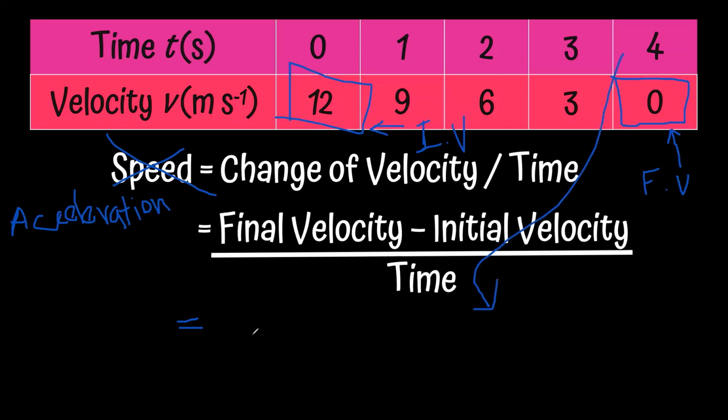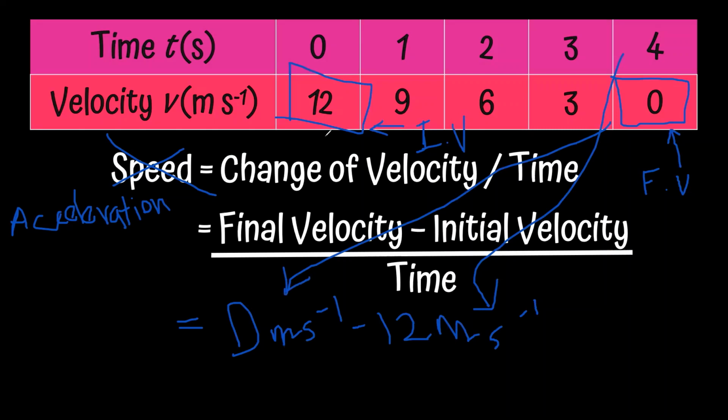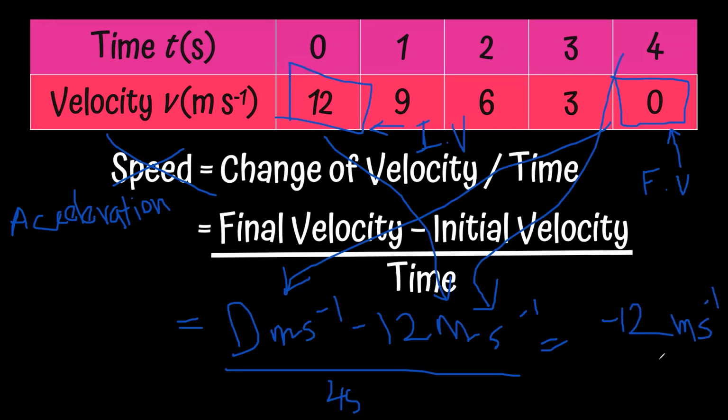So let's solve this. 0 ms^-1 minus 12 ms^-1, because this is the final velocity and this is the initial velocity, divided by 4 seconds. Here it is minus 12 ms^-1 over 4 seconds. We get a negative answer, minus 3 ms^-2.